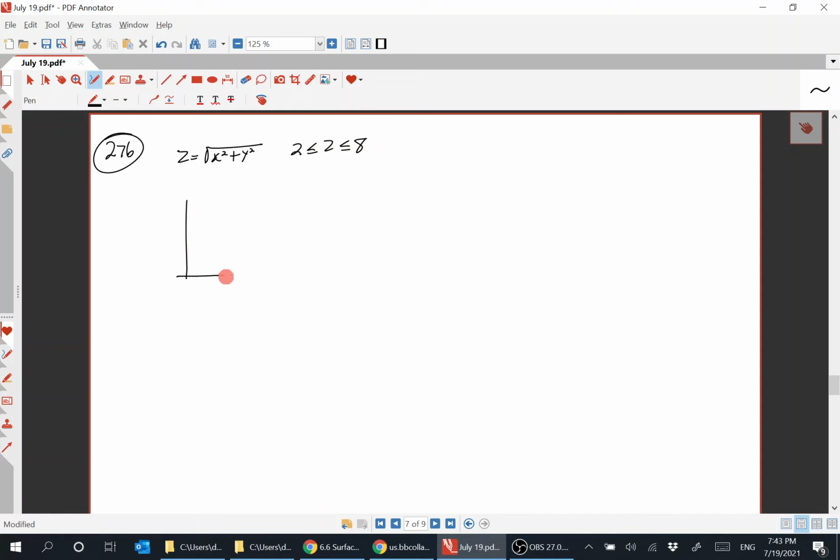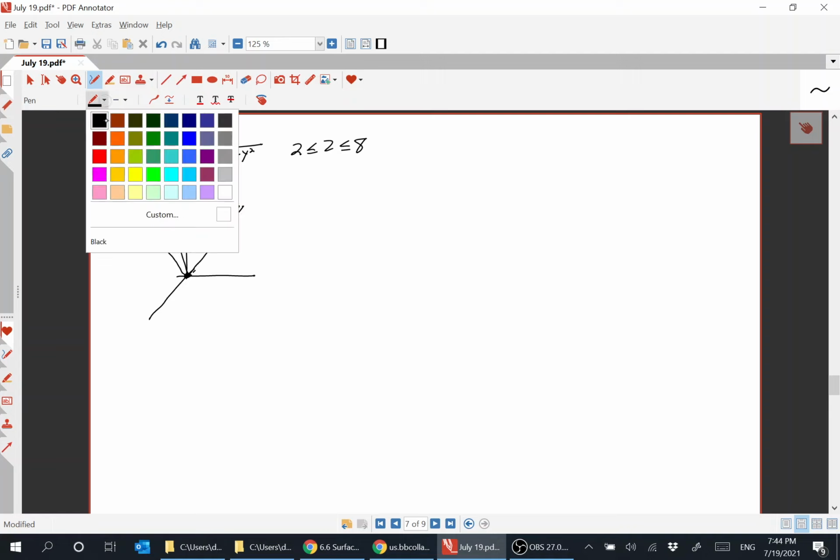So this is that standard cone whose sides have angle 45 degrees, but we're only doing from 2 to 8 in the z coordinate.